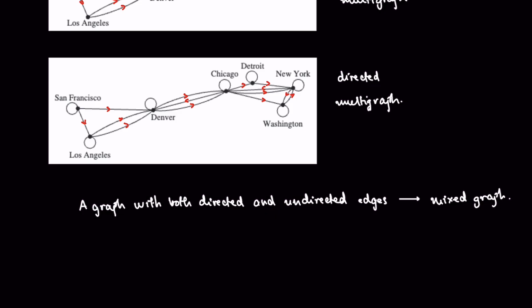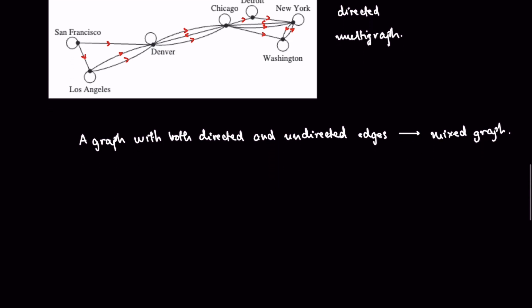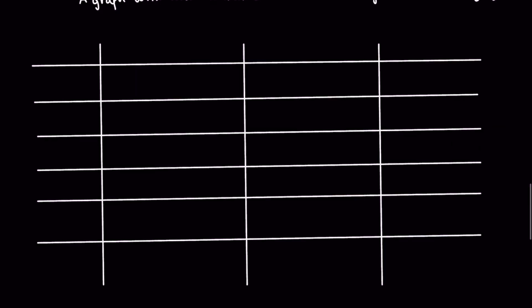Now I'm going to summarize the information a little bit in a table. So far we have different types of graphs, and depending on the properties of edges, loops, or multiple edges, we can have different types of graphs. So in this table, you have the type here, the properties of edges, and we want to know if multiple edges are allowed and if there are any loops at all.